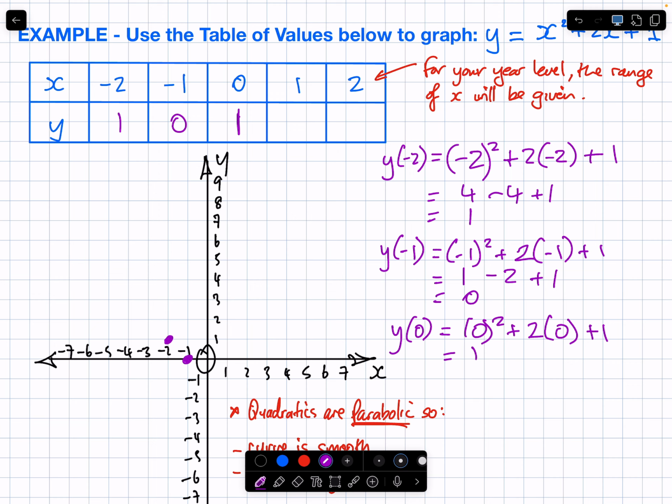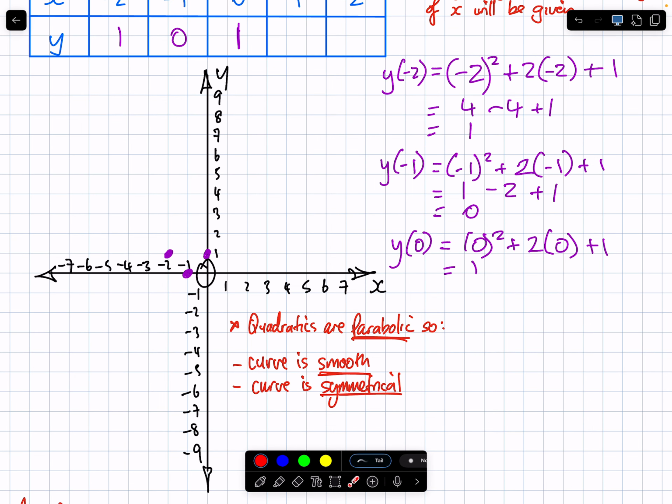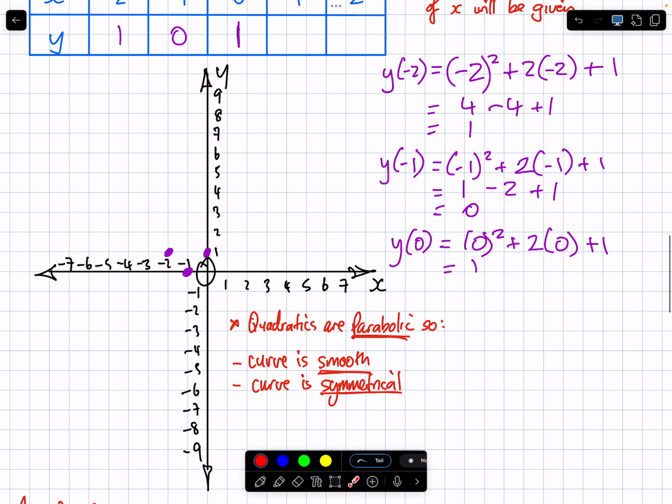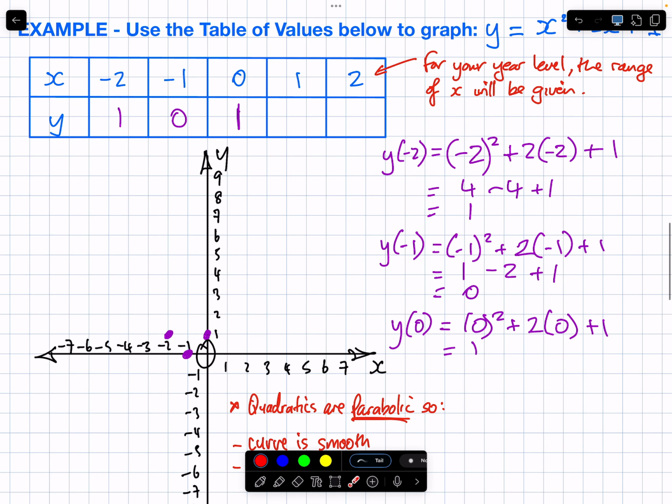Put a dot here. Now we're getting somewhere, because what a quadratic is parabolic. A parabola is like that. It goes up, then goes down, or it goes down and then goes up again. It's smooth and it's symmetrical. Can you see that that's already symmetrical? It's going down and then going up again. But we're not done, because I've only traced the tip of it.